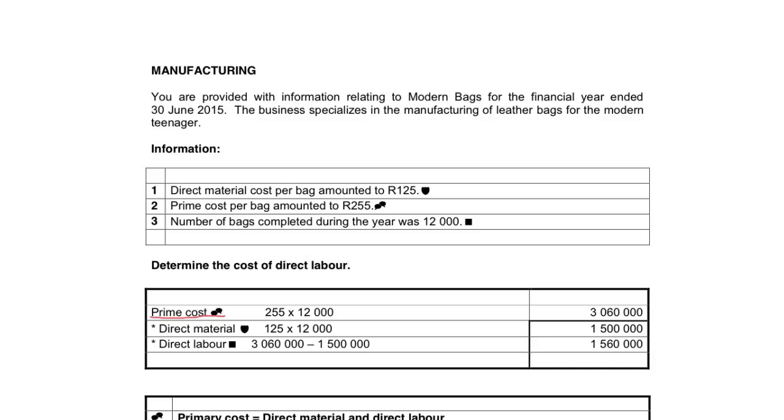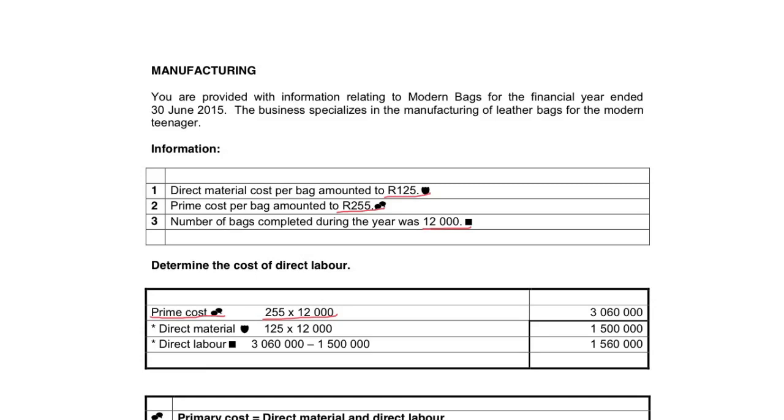Now, if we take into account here that the direct material is 125 Rand and the number of bags completed during the year was 12,000, then if I want to calculate the primary cost, I will take the 255 Rand for the primary cost, multiply it with the 12,000, and that will give me the total primary cost.